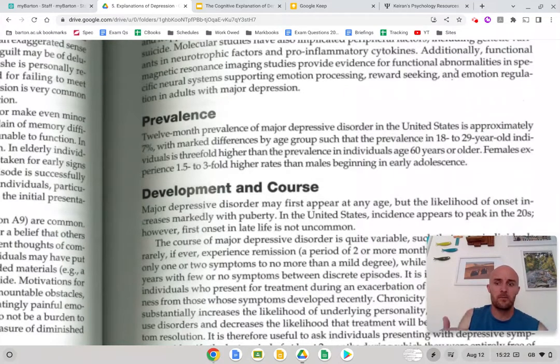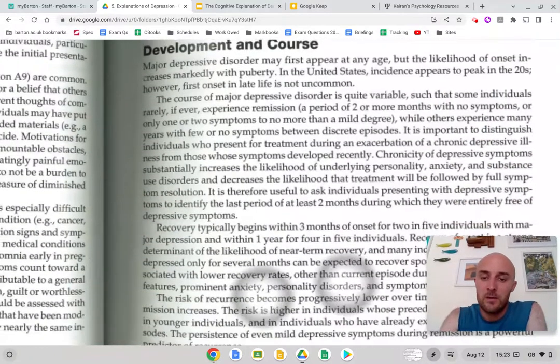Right, but maybe you had depression last year, and you have it again this year. So this is 7% of people essentially newly getting depression, and obviously you don't necessarily have one cycle of depression. So depression does tend to run around about 20%, and females experience a 1.5 to 3-fold higher rate than males. You've got a lot about how it comes around.